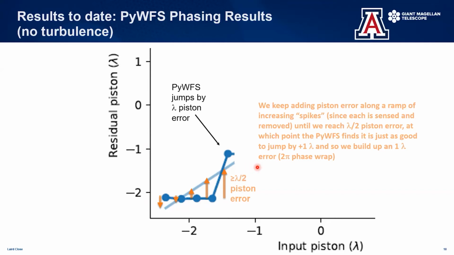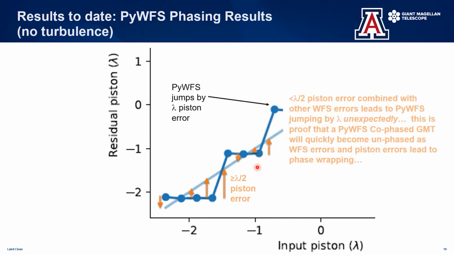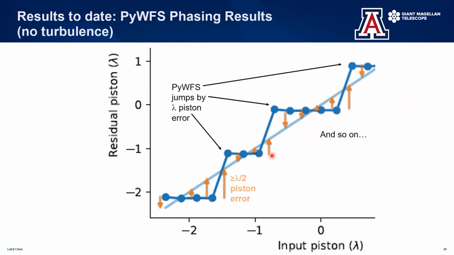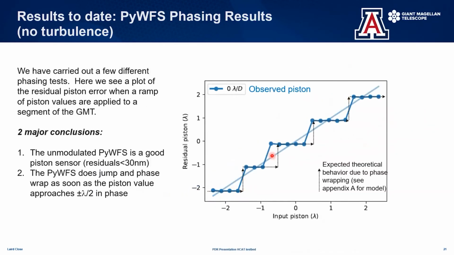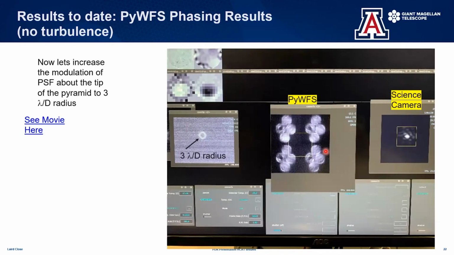This is the classic 2 pi wrapping of a wavefront sensor, and we certainly see that with the pyramid sensor as predicted. And here we only took a small step, but it actually jumped by 2 pi because it becomes a little bit unstable with large piston errors. This is pretty much what you'd exactly expect from an unmodulated pyramid sensor. We were happy with that performance.